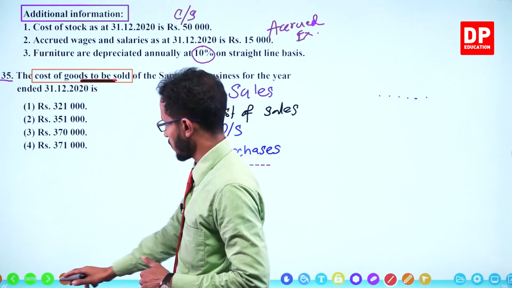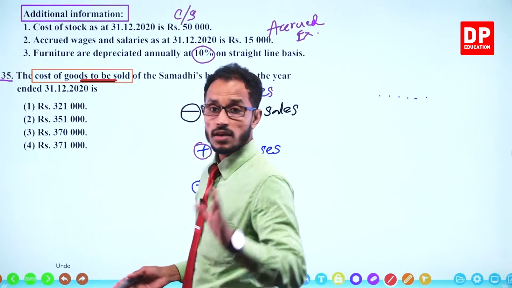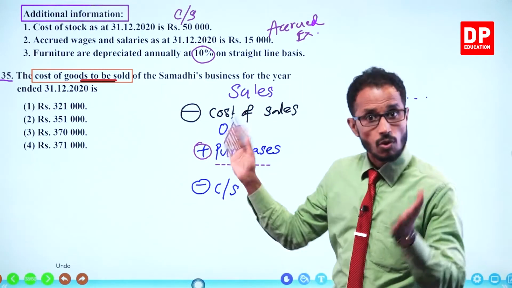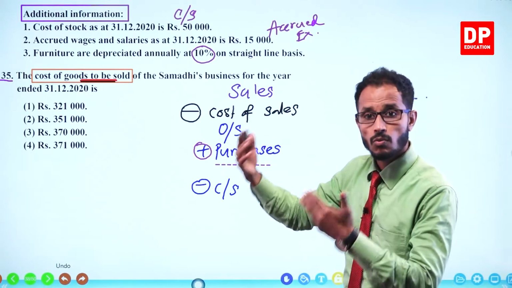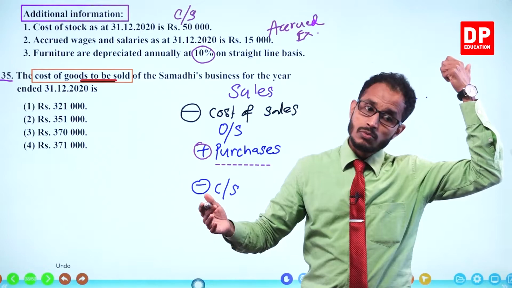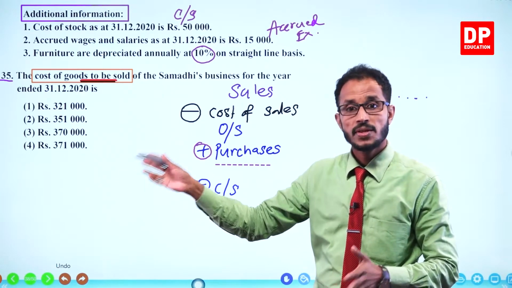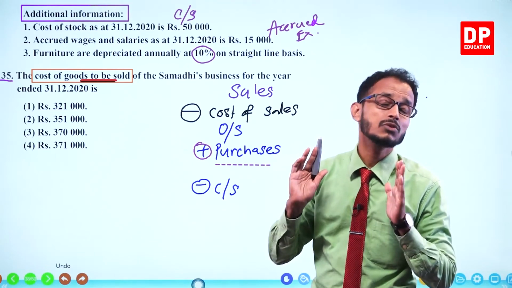How do you find cost of goods to be sold? To be sold. What is the cost of the total stock you are keeping to sell, not the actual stock sold?